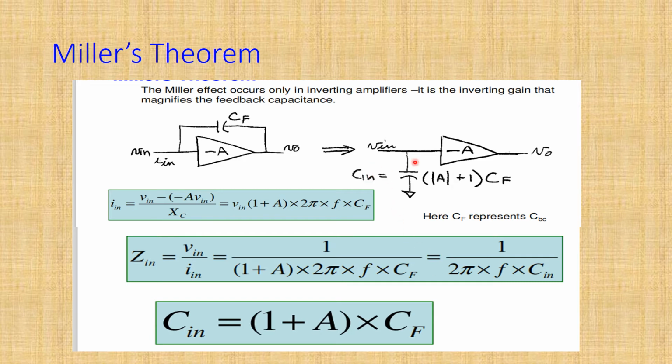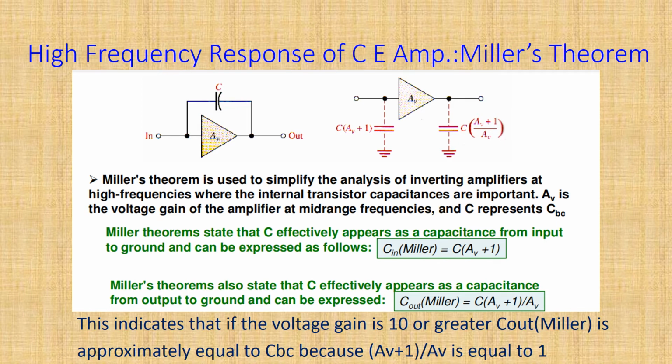Similarly, we will have to find out the output capacitance CO due to the Miller capacitance CF. In this way you calculate the capacitance, which is given as (AV plus 1) upon AV times CF. Here you have to understand that only if there is a negative gain or negative feedback in a circuit do we apply Miller's theorem. Otherwise we need not.